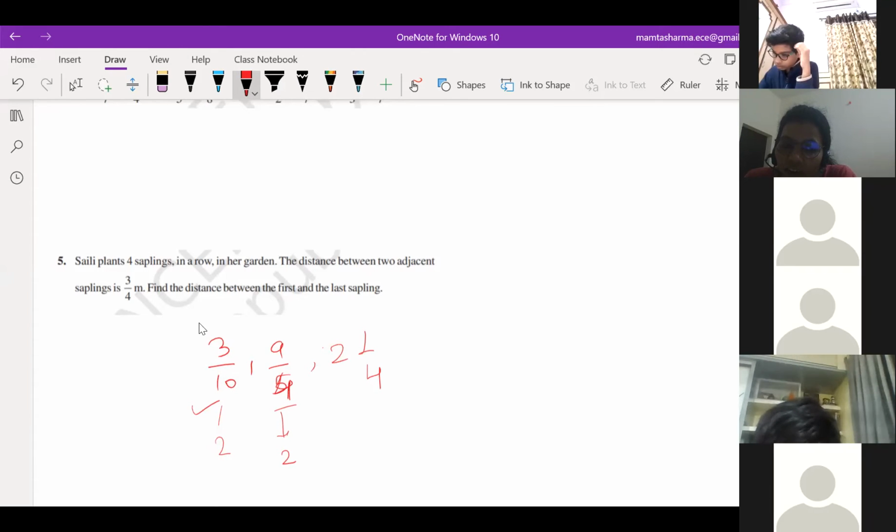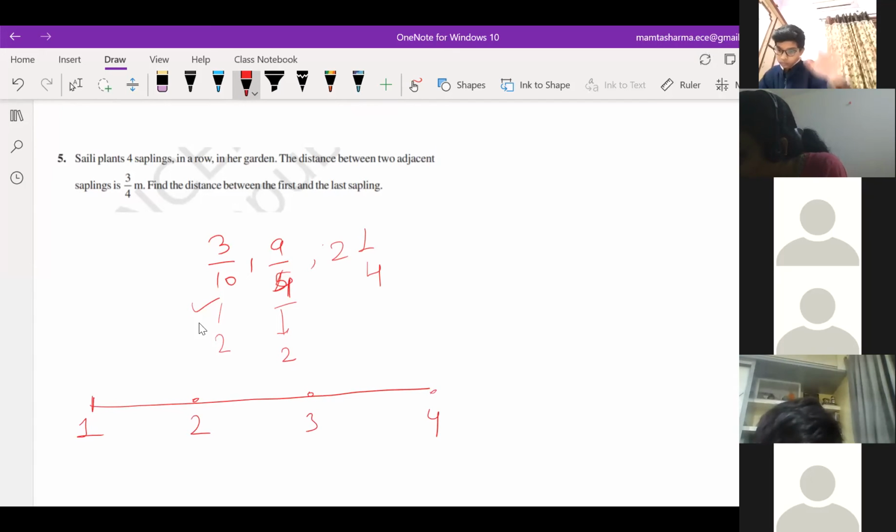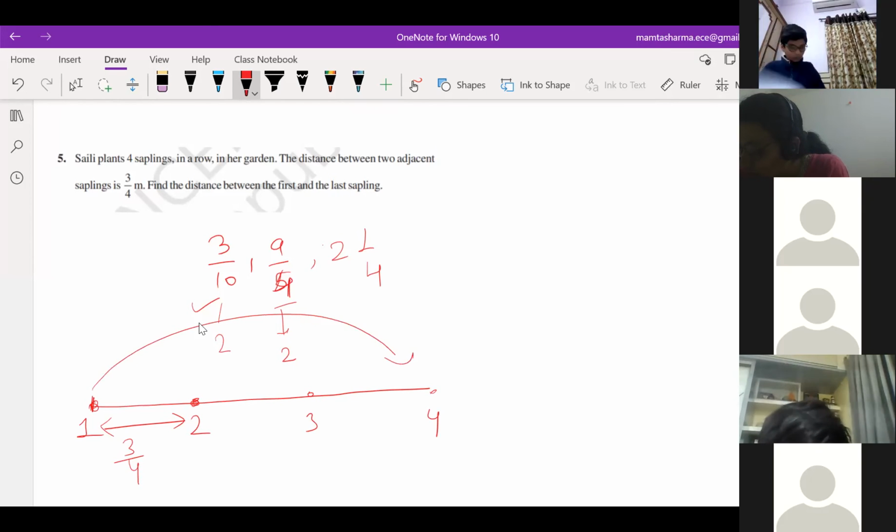No. See, 4 saplings. This is the first sapling. This is second. This is third. This is fourth. These are the saplings in a line. The distance between 2 saplings is 3 by 4 meters. So find the distance between the first and the last.